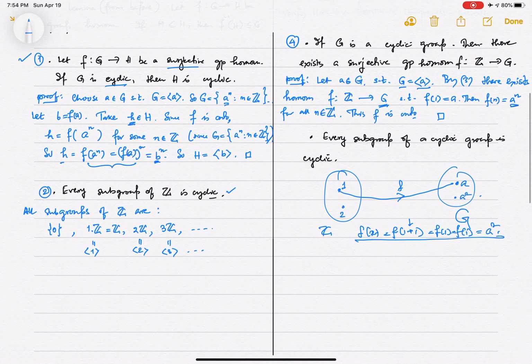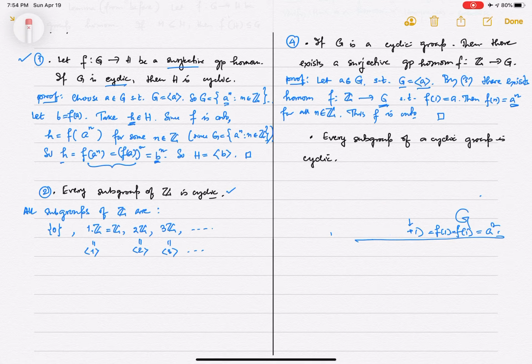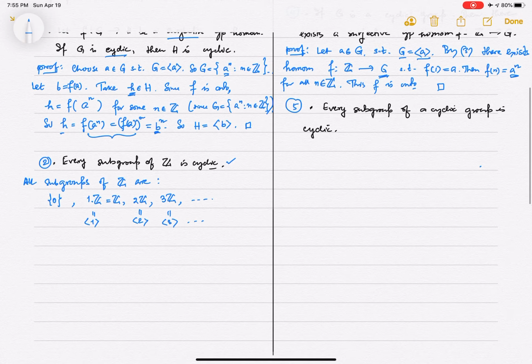Okay, so this is going to be crucial, that if you have a cyclic group, it has an onto homomorphism from integers. And now let me just tell you in picture why this probably deserves the name of a theorem. Every subgroup of a cyclic group is cyclic. So you take a group, H maybe, and take some subgroup, M maybe.